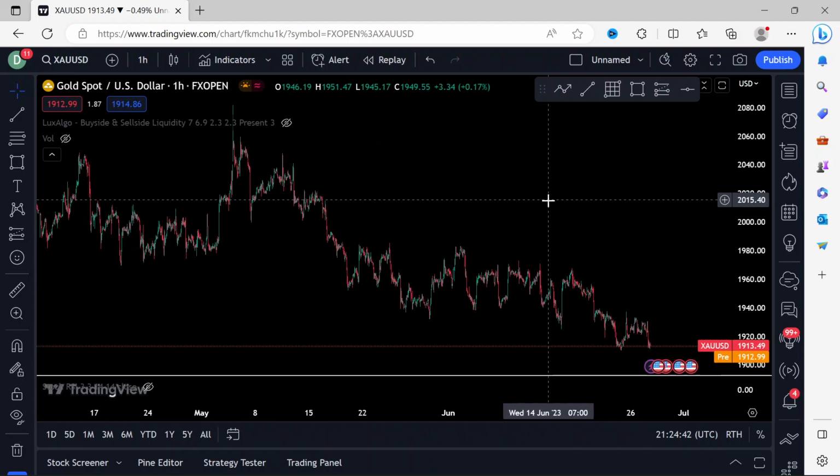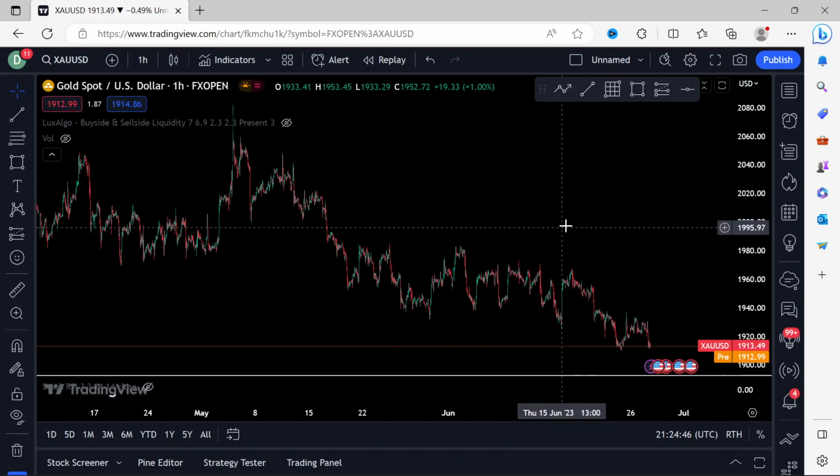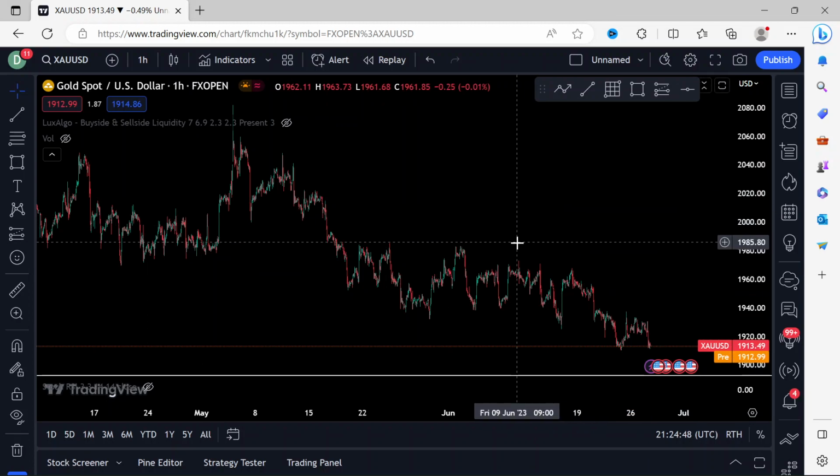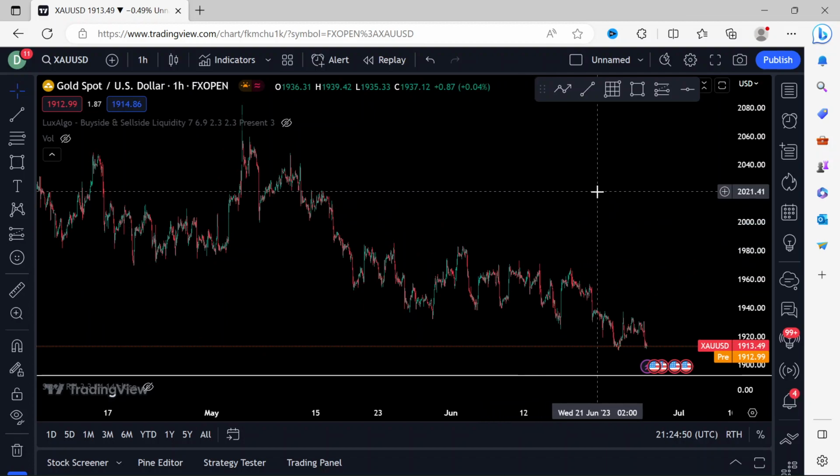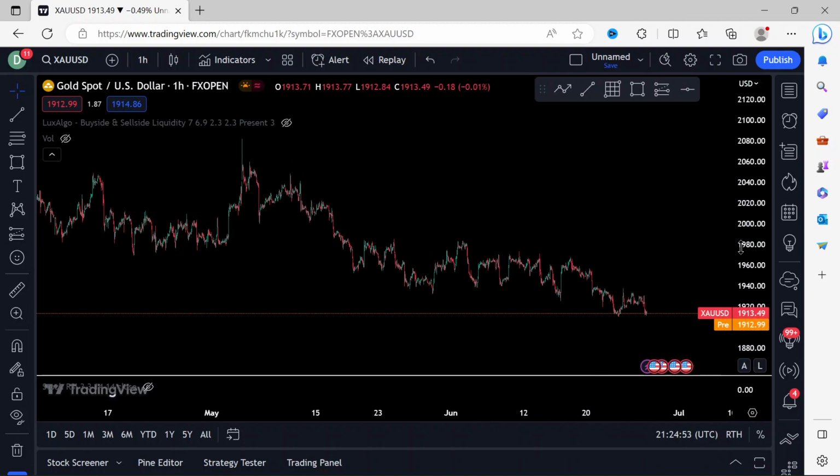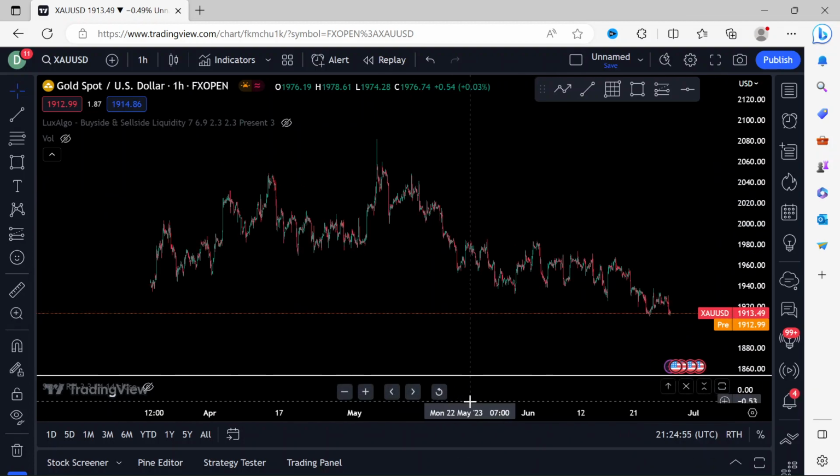So in finding a trade, if you want to find potential trades, you have to first find price actions, significant reactions in the chart.